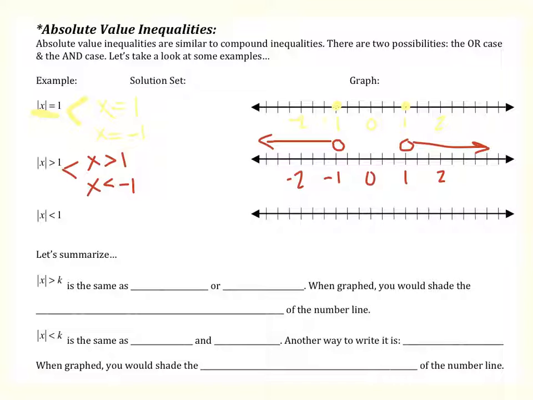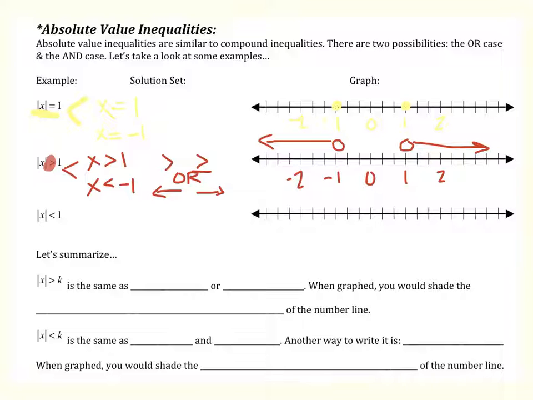So if you are trying to find any hints to help you, when it's greater than or equal to, you're always going to shade out because that's going to be an or. So greater or greater than or equal to: if it's an or absolute value inequality, you are always going to shade out.